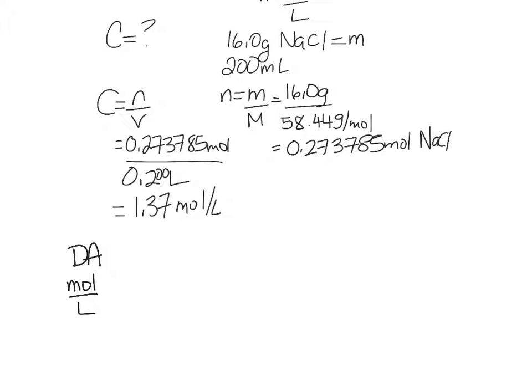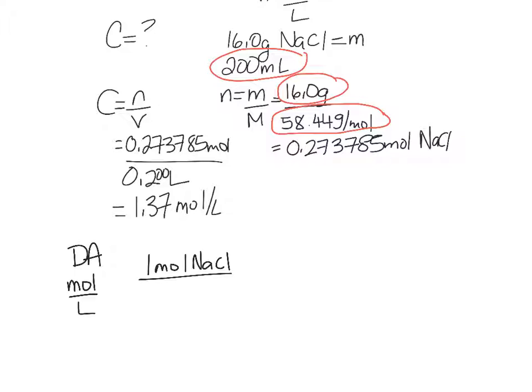So we have the molar mass, the mass, and the volume to work with. Same 3 pieces of information. We need moles on top. There is 1 mole of sodium chloride for every 58.44 grams of sodium chloride.